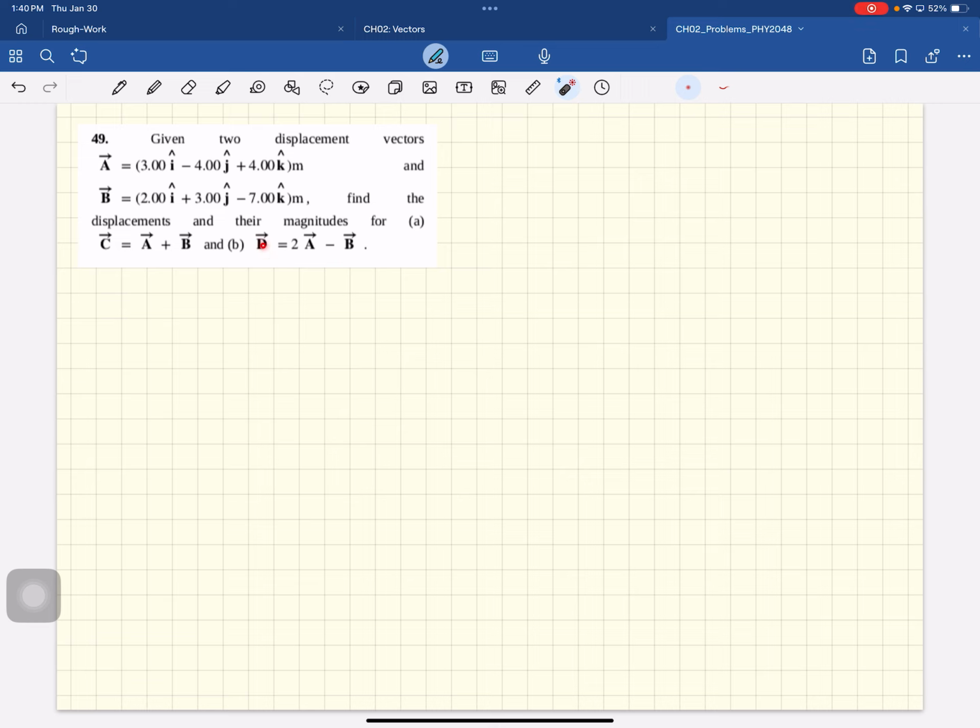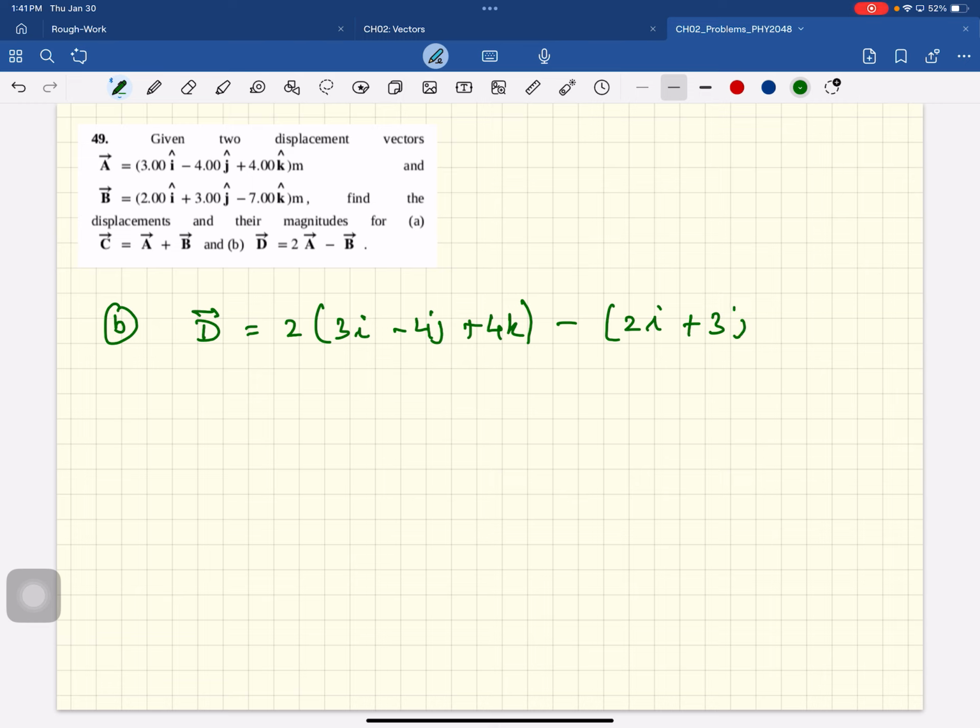So let's calculate D. D is 2 times A minus B. 2 times 3 is 6. 6 minus 2 is 4, so 4I. 2 times minus 4 is minus 8J, minus 3, minus 11J.